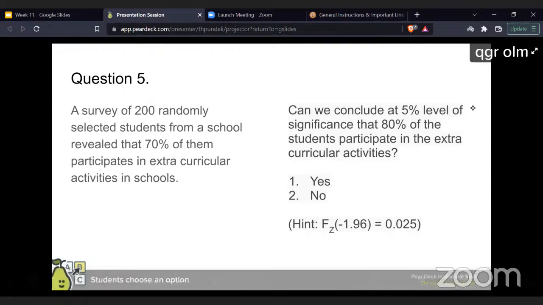A sample of 200 students you have taken, and from there you observed that 70%, P equal 0.7, of the students take part in extracurricular activities. This has been observed from the sample. Can we conclude at 5% level of significance that 80% of the students participate in the extracurricular activities?